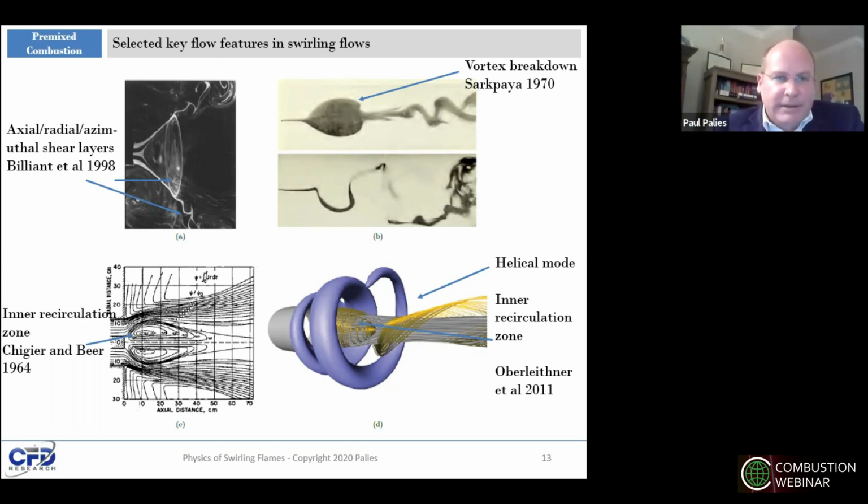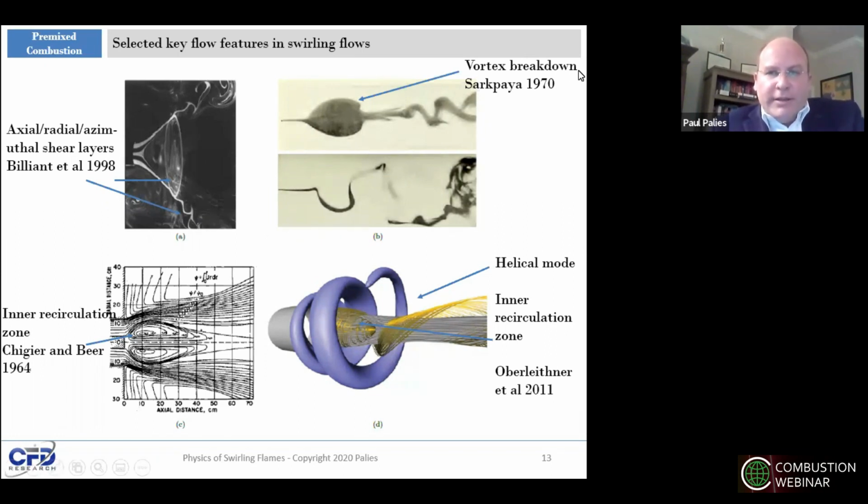in swirling flame. So the top left is an axial radial azimuthal shear layer identified by Billant et al. And you can see here clearly the shedding of the shear layer here, and also the shear layer in that plane with a laser sheet here, where you see the structure in this cut plane.